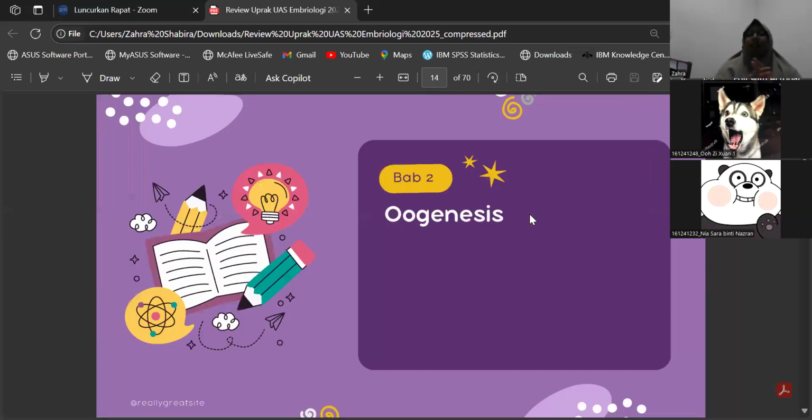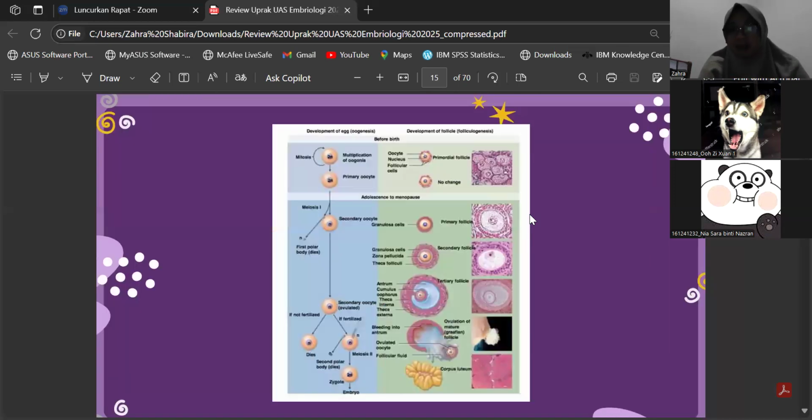Okay, that is about spermatogenesis. Now we get into oogenesis. Oogenesis is where all the eggs or oocytes that are not matured yet become matured and ready to be fertilized with spermatozoa.